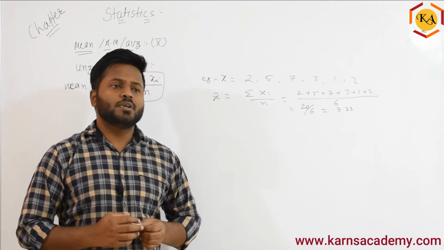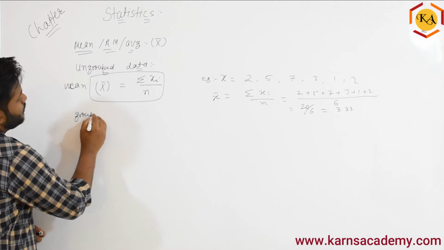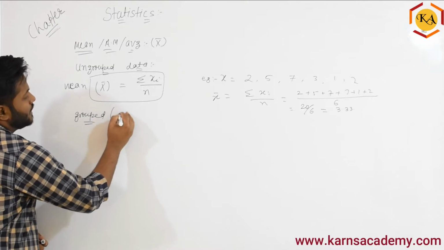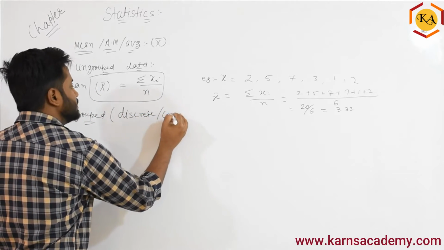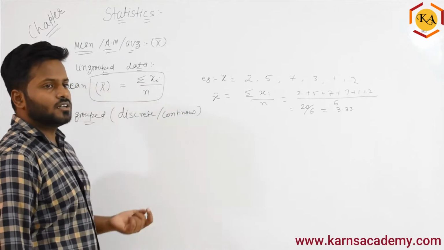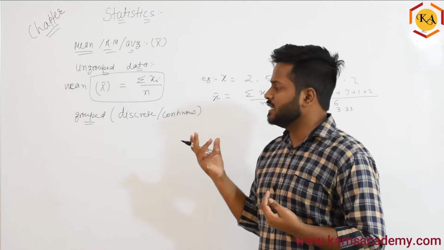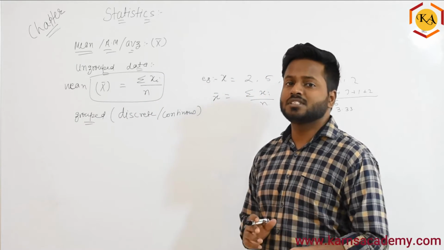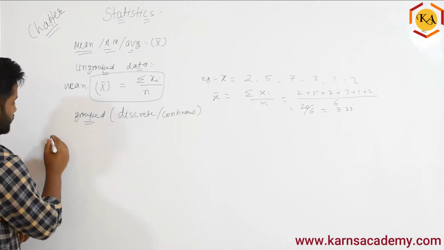Now, in the group data, what happened basically? In group data, we know that we have discrete and continuous. Right? So here, luckily for the discrete and continuous in a mean, we have the same formula for the direct method.